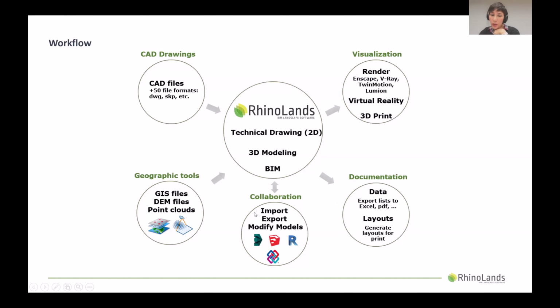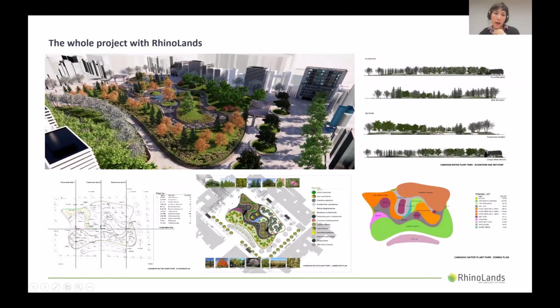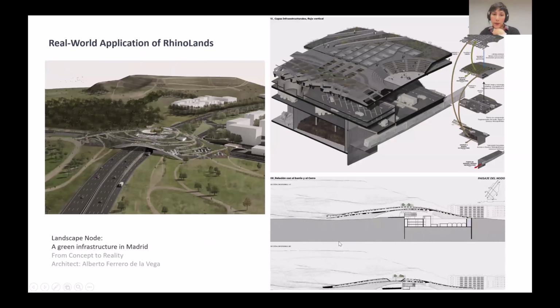You may collaborate with other programs, importing, exporting, or modifying models from Revit, SketchUp, 3ds Max, and so on. In summary, you can do the whole design project with RhinoLands. You can produce different plans, realistic results, and sections by using the program.